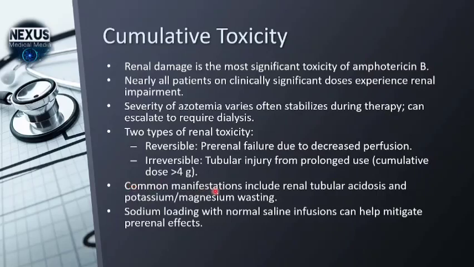Common manifestations will include renal tubular acidosis and potassium or magnesium wasting. So it will lead to hypokalemia, hypomagnesemia. And you also see in the video that I mentioned how we manage these side effects, or better, how we prevent them.